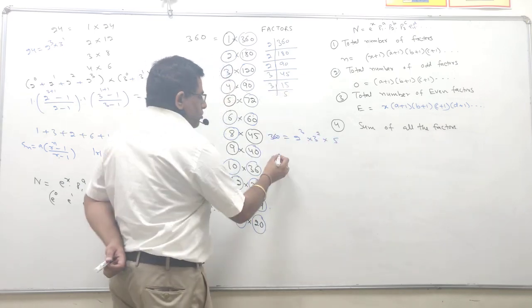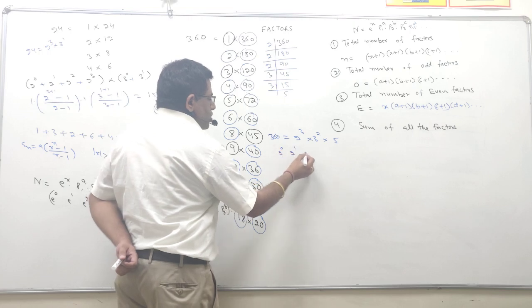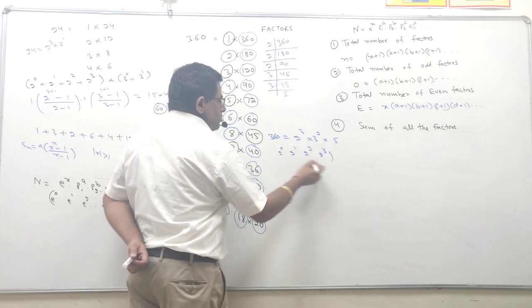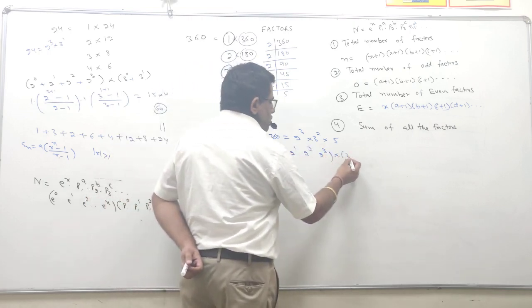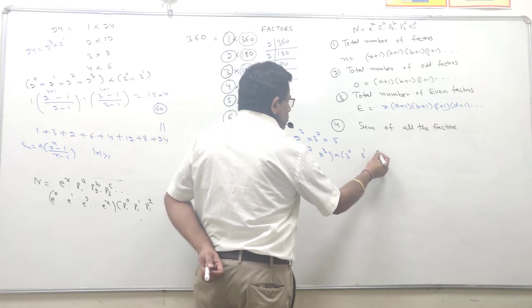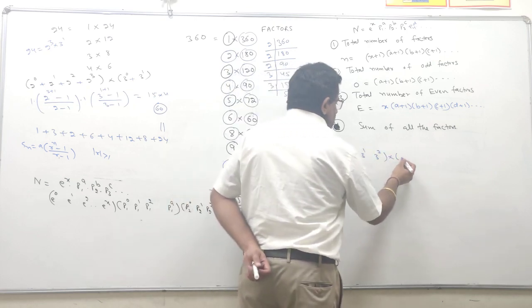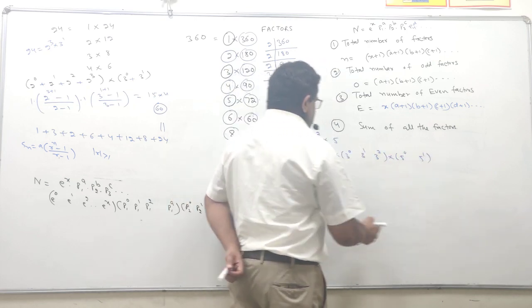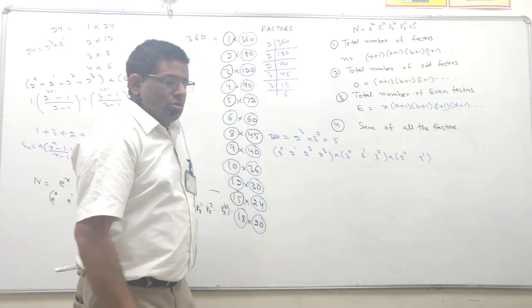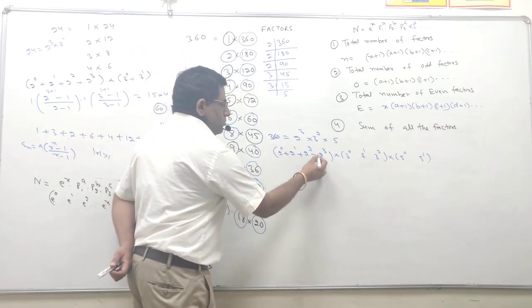So we can choose any of the factors as 2 raised to the 0, 2 raised to the 1, 2 square and 2 cube, into 3 raised to the 0, 3 raised to the 1, 3 square, into 5 raised to the 0, 5 raised to the 1. All the terms are in geometric progression. We need to calculate their sum.